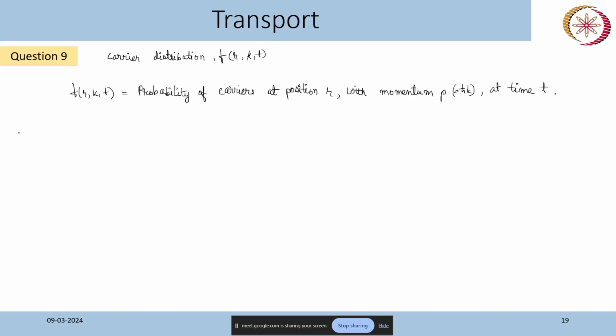By using this Fermi-Dirac distribution function we can calculate all the necessary parameters that we need. How we can calculate those parameters was discussed.